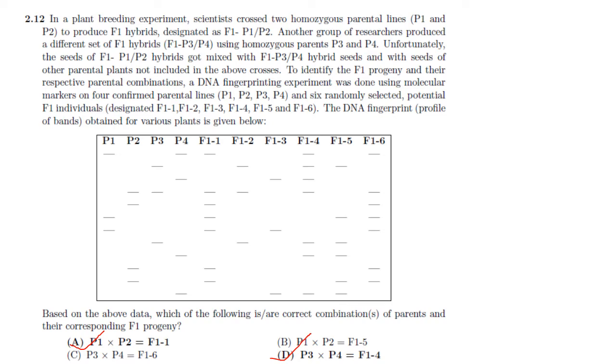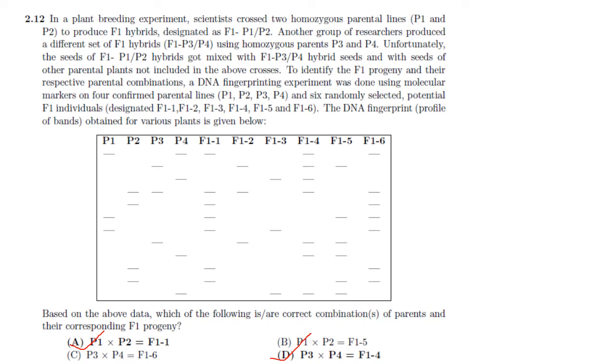So what they have done is, a few of the plant breeders crossed P1 and P2 parents and raised F1 hybrids. These parents were homozygous parental lines. Similarly, another group of researchers crossed homozygous parents P3 and P4 and raised the F1 hybrids F1 P3 by P4.